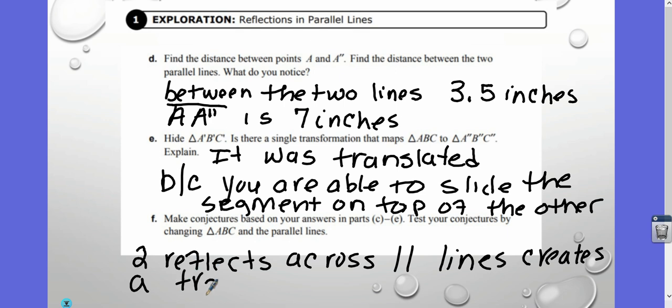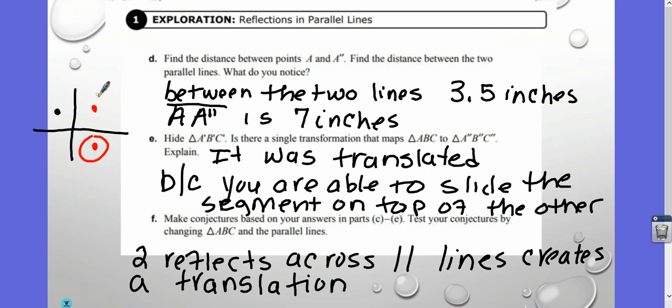Just like if you reflect across 2 perpendicular lines like we did in class last week, then you create a rotation. For an example, if I reflect this point across the y-axis, and then I reflect across the x-axis, then that created a rotation. So I reflected across perpendicular lines. Whereas what we just did here is we reflected across 2 parallel lines and we created a translation. And that's one conjecture that we're able to find.